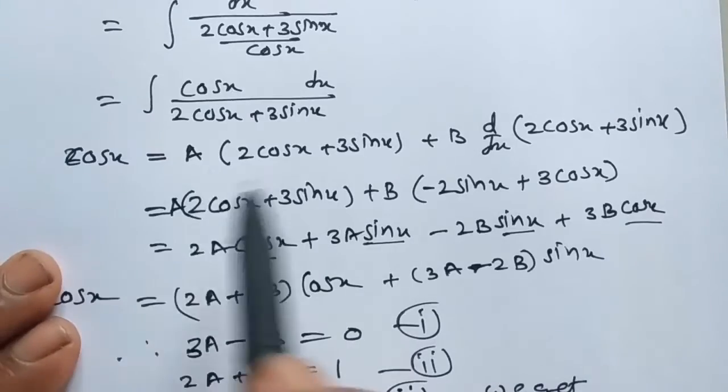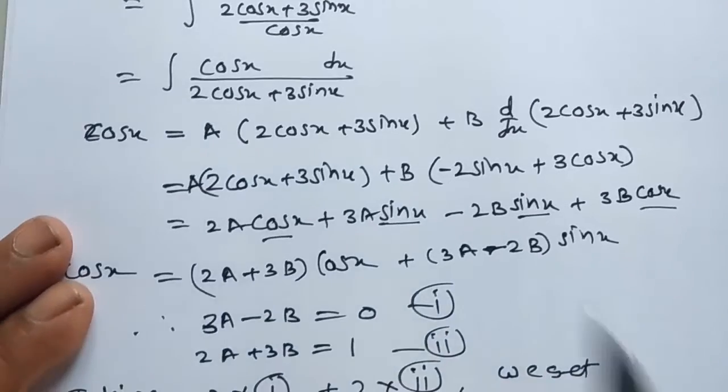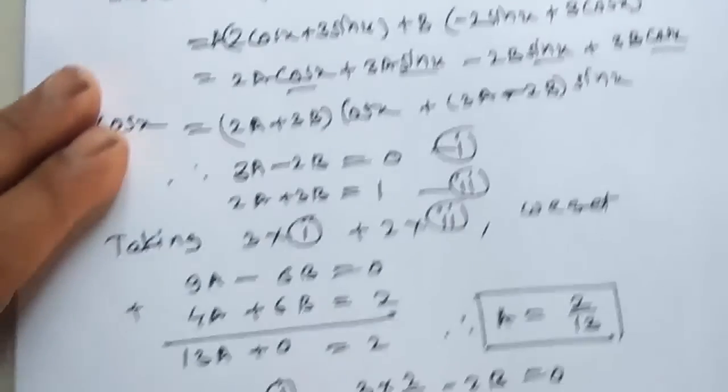Therefore, now cos x is expressed with a value of 2 upon 13, and b, the coefficient of the derivative, is 3 upon 13.